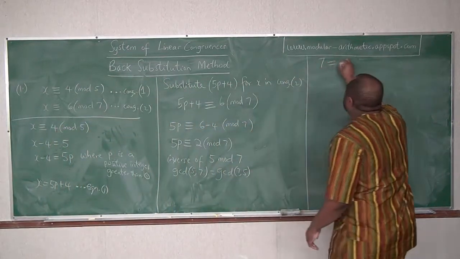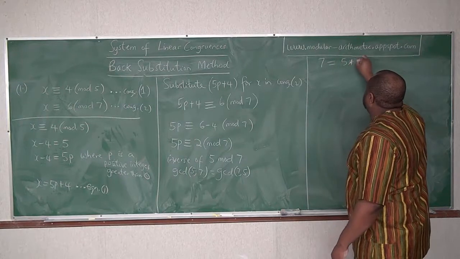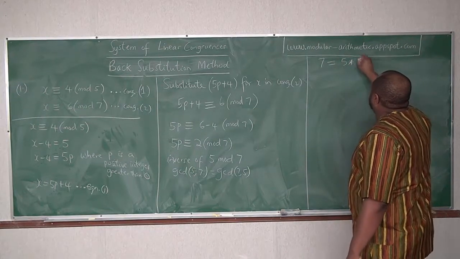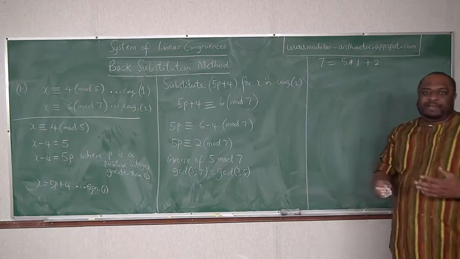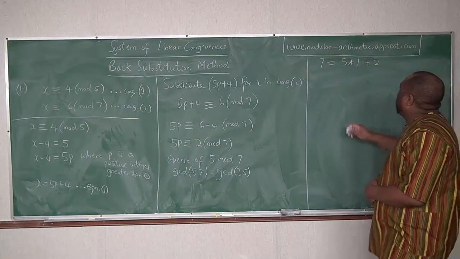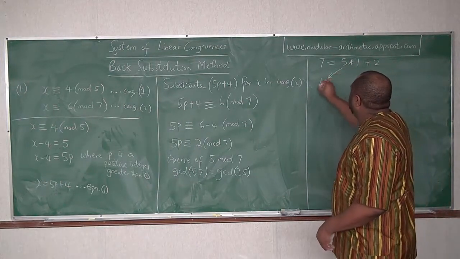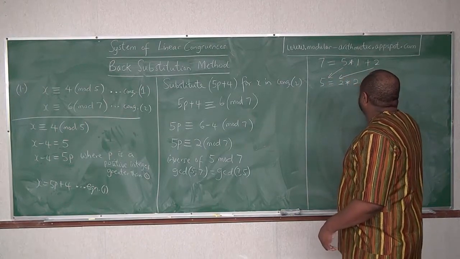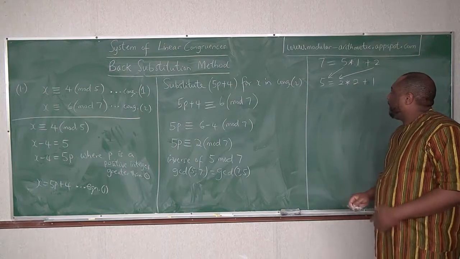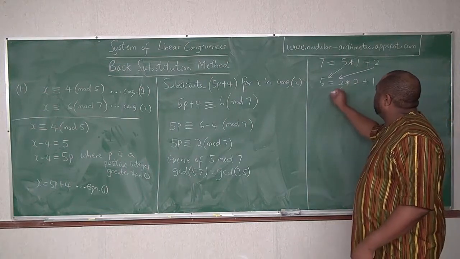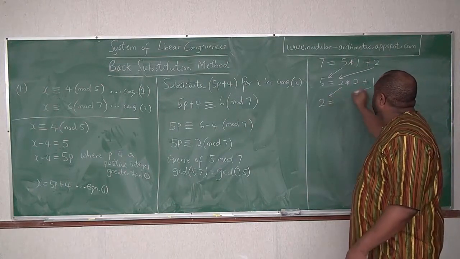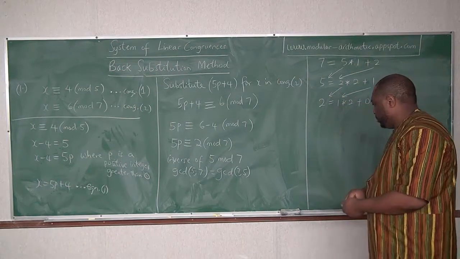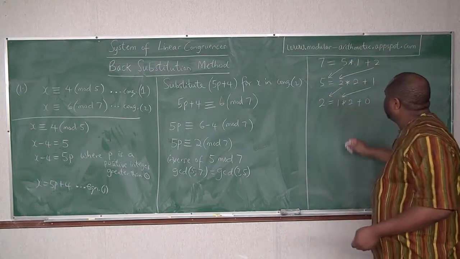So 7 is 5 times 1 plus 2. And then 5 is equal to 2 times 2 plus 1. 2 is equal to 1 times 2 plus 0. So our GCD is 1.